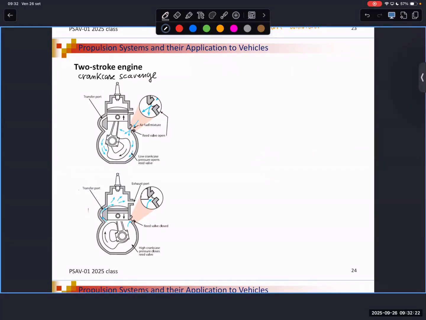So this is the most simple solution to pressurize the intake charge. Simple and, let's say, economical.